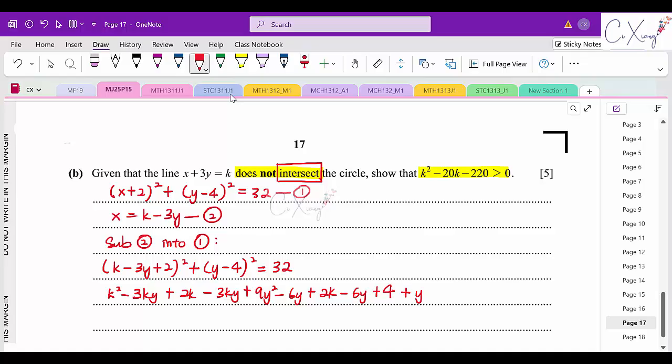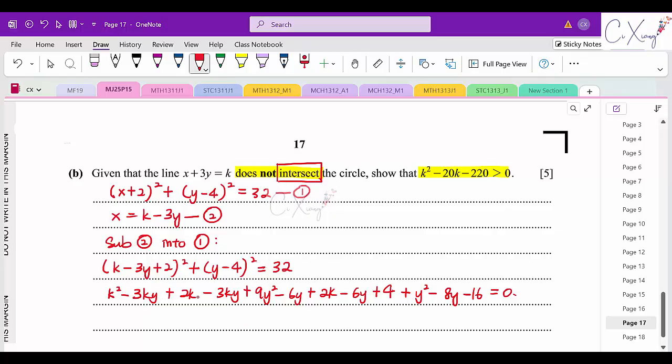Very long, because if I expand all the brackets slowly, it might be easier if you expand it into the original equation of the circle instead of the standard form. Yeah, so I think I am choosing a longer way, because if you want to expand this one, it is quite long here.